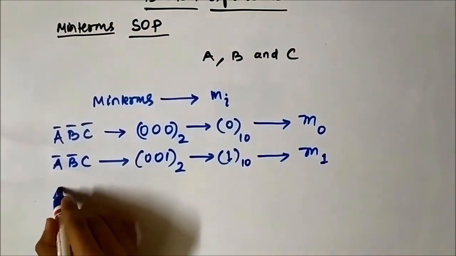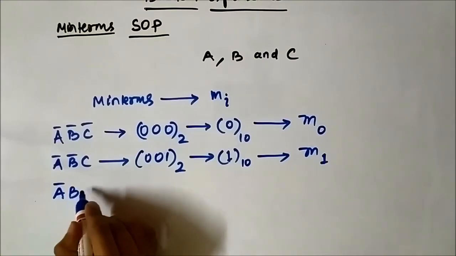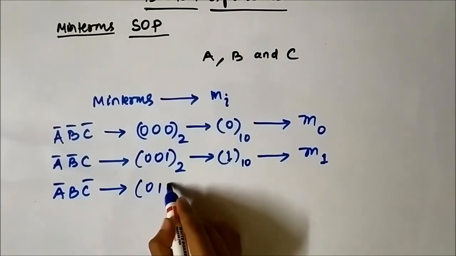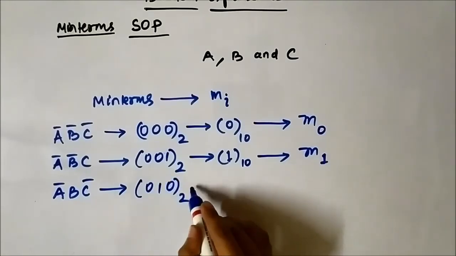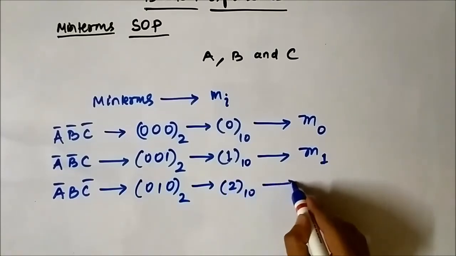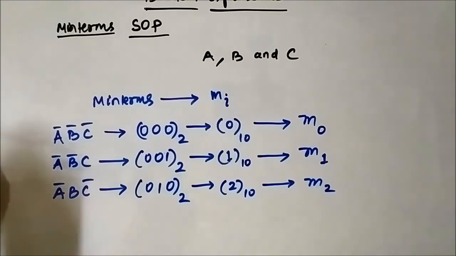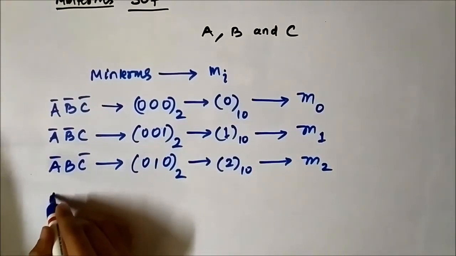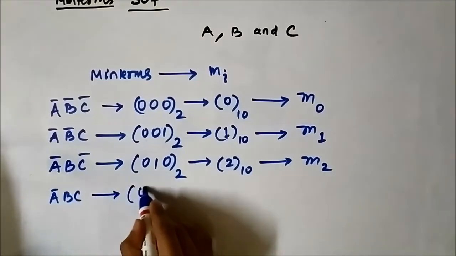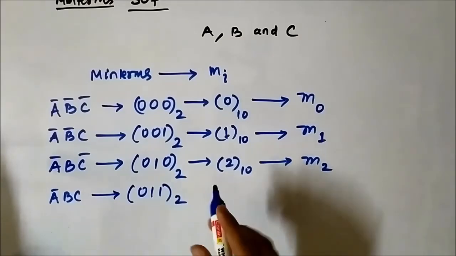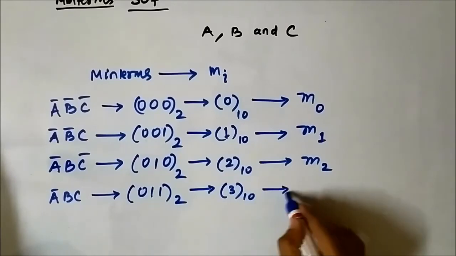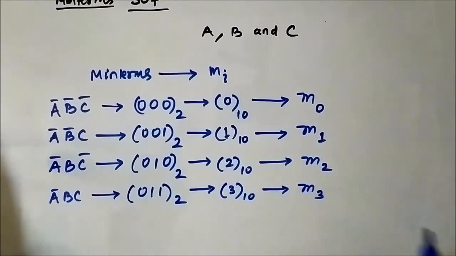Similarly, A bar, B, C bar will be 0, 1, 0, which is decimal 2. This will be represented as m2. Similarly, A bar, B, C is 0, 1, 1 in binary and 3 in decimal. This will be small m subscript 3.